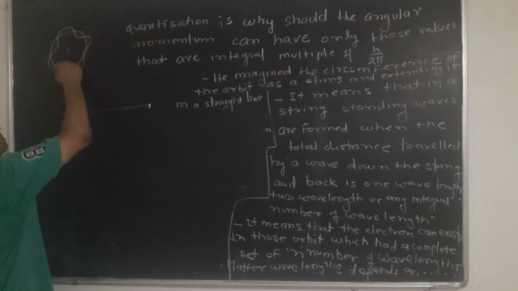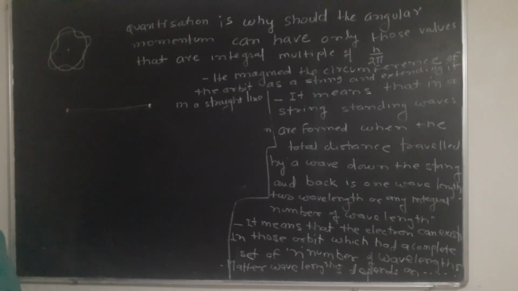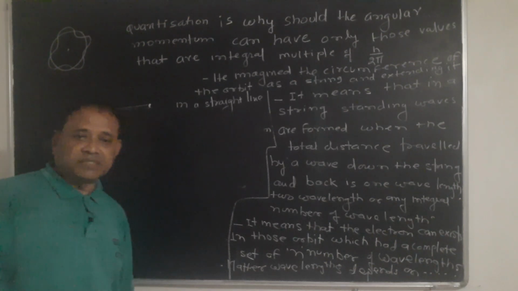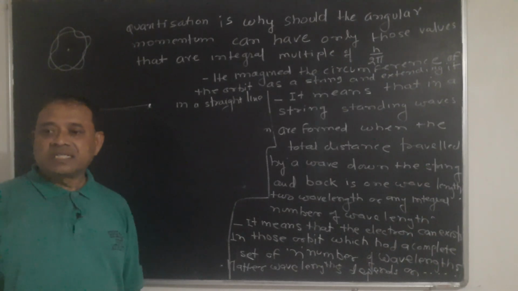We know that when a string is plucked, a vast number of wavelengths will be excited. But only those wavelengths will survive which have nodes at the ends.